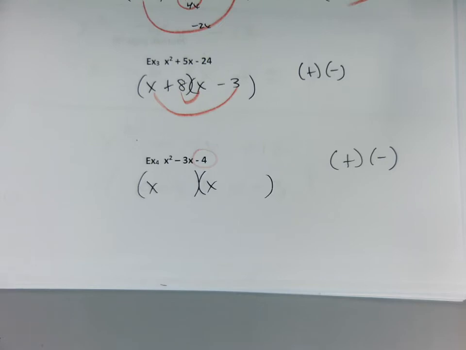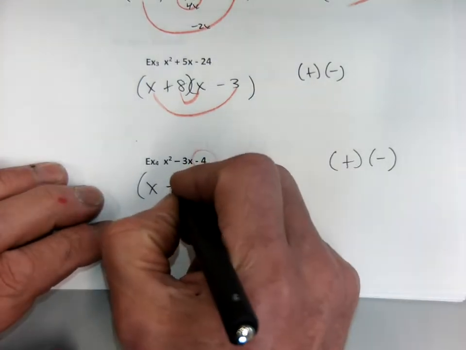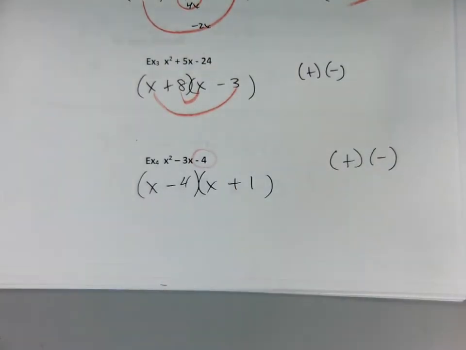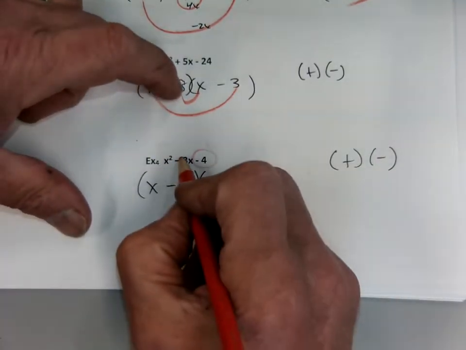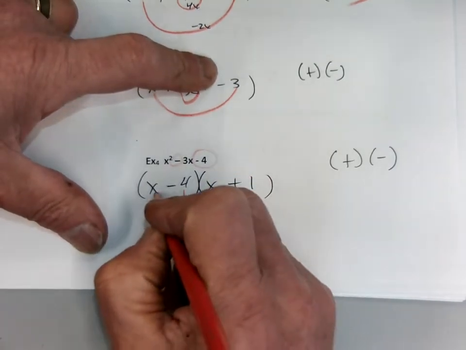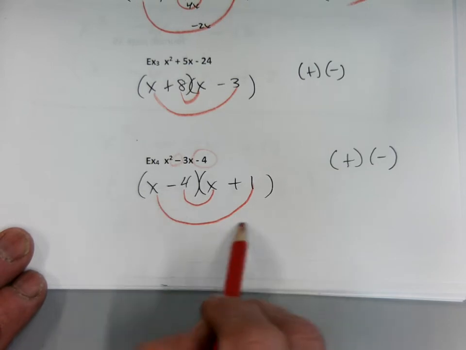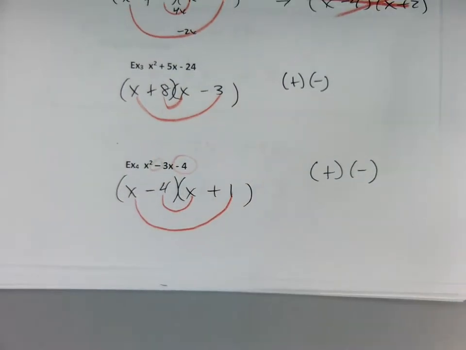Positive 4, negative 1. You're so close. How about negative 4, positive 1? Why does it have to be that way? Because it's a negative 3, right? So here's my double smiley. I got a negative 4x. You guys see the negative 4x? And a positive 1, okay?